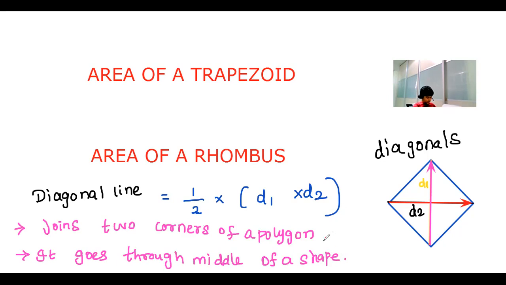Understood, Jabin? Yes. These lines are diagonal lines.